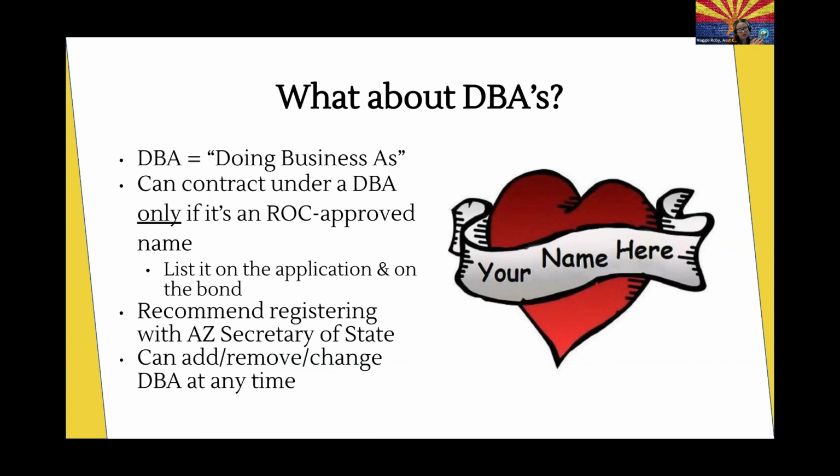It also needs to be listed on your bond. Your entity name in its entirety, including a DBA, needs to match exactly on your bond in order for that application to get processed. It is not required, but we do recommend that you register your DBA with the Secretary of State. The DBA is something that can be updated, removed, or added at any time.